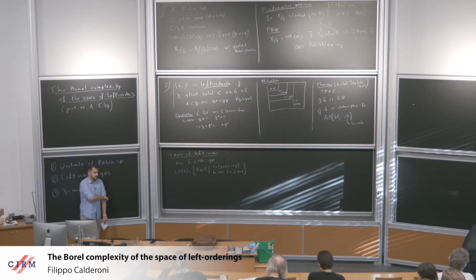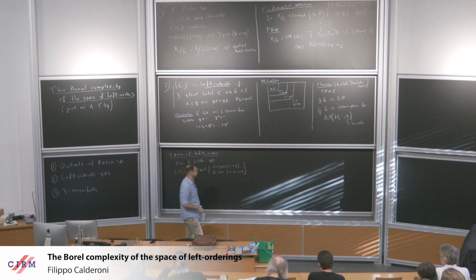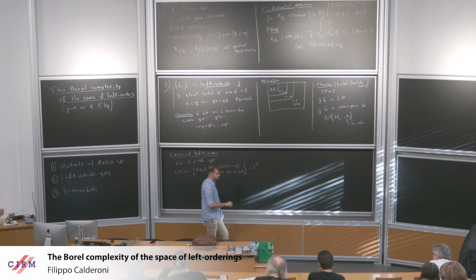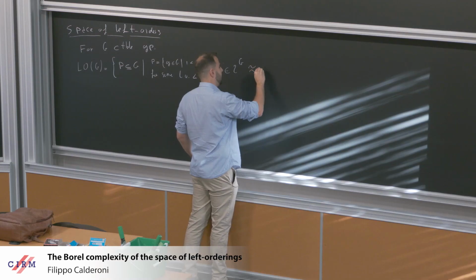Okay, so this set lives in the power set of G, which can be considered as a topological space. Since G is countable, this is isomorphic to the Cantor space.